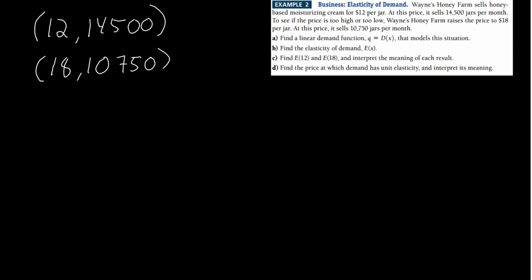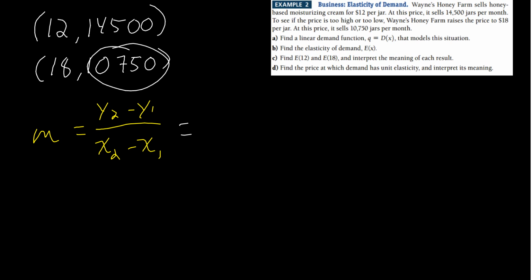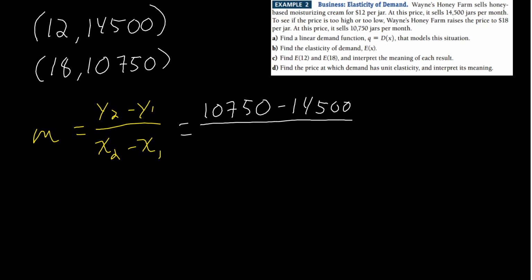So if you forgot what slope was, slope is m, and the formula is simply y2 minus y1 all over x2 minus x1, right? And in this particular case, it doesn't really matter what's y2 and what's y1, as long as you're consistent. So I'm just going to call this point 2, this point 1. So we're going to say 10,750 minus 14,500 all over 18 minus 12.